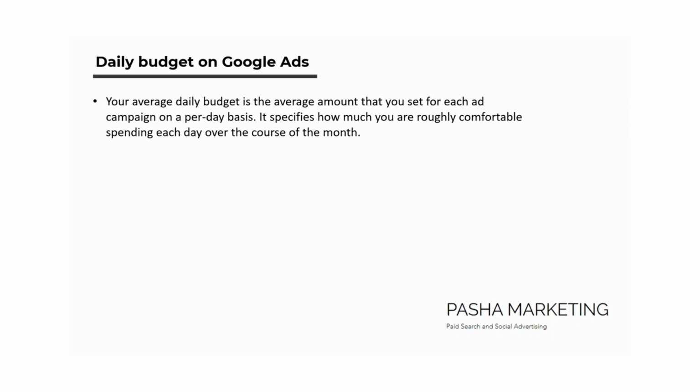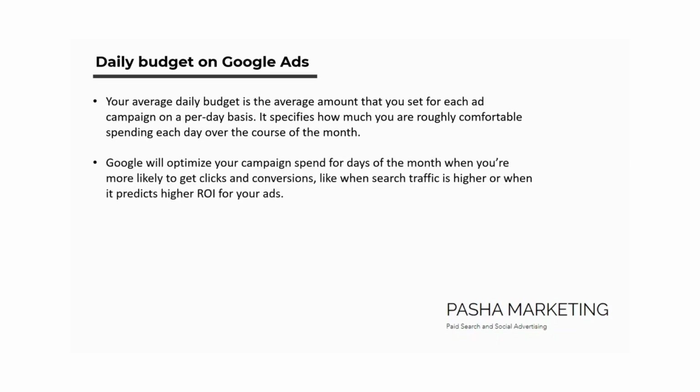It specifies how much you are roughly comfortable spending each day over the course of the month. Google will optimize your campaign spend for days of the month when you are more likely to get clicks and conversions, like when search traffic is higher or when it predicts higher ROI for your ads.